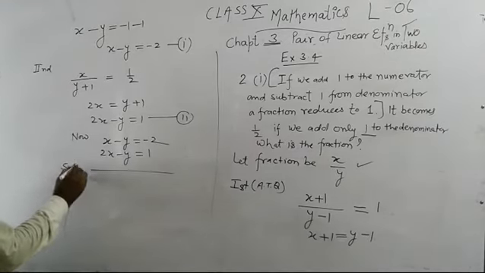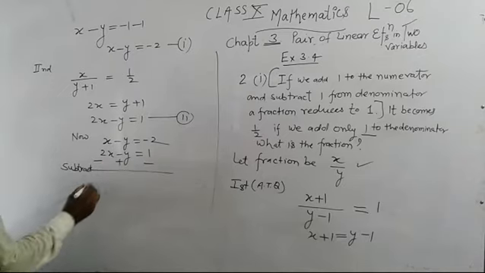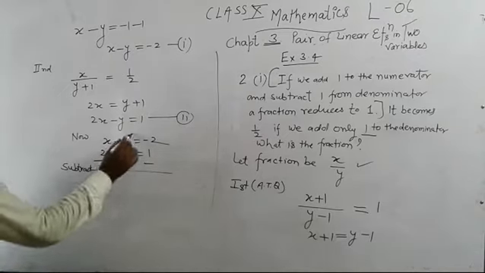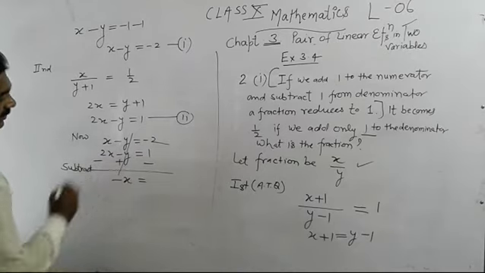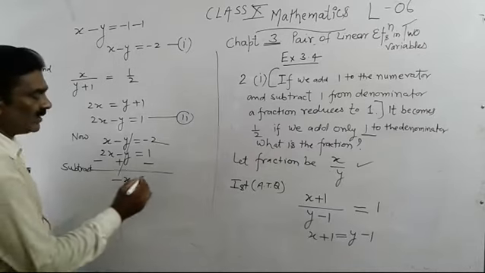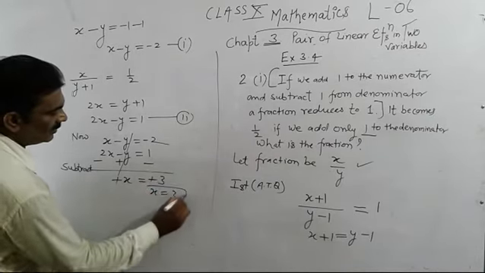On subtracting, minus plus minus. Here minus y plus y cancel out. x minus 2x is equal to minus x is equal to minus 3. Minus 2 minus 1 is minus 3. Minus 1 cancel out. x is equal to 3. This is the first value.